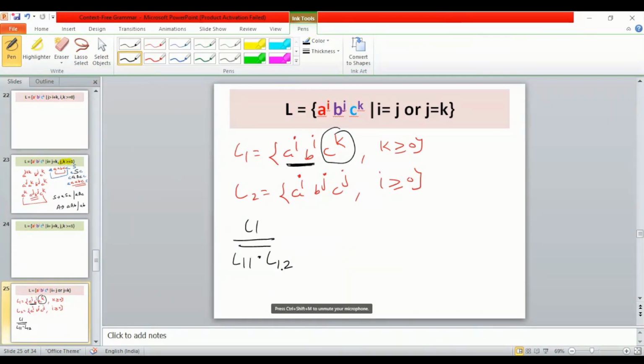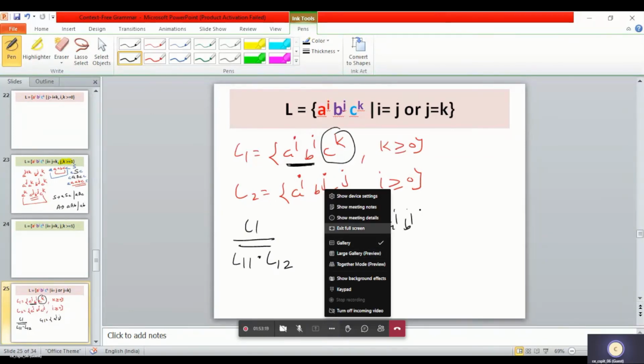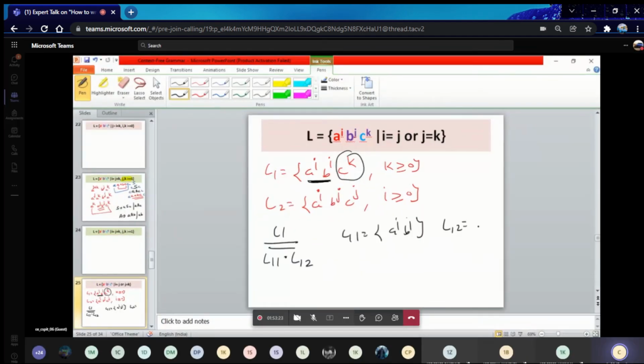Because you can see it is a concatenation of a raised to i, b raised to i with c raised to k. So L11 is equal to a raised to i, b raised to i, and L12 is c raised to k.